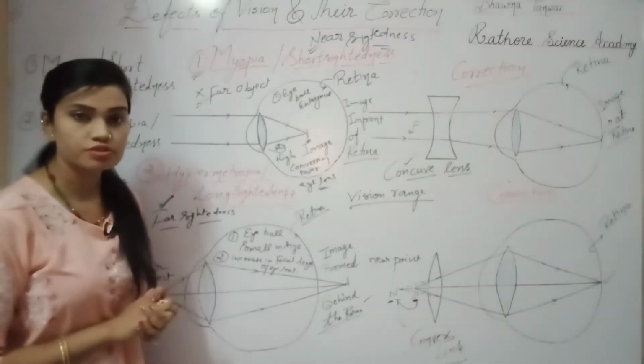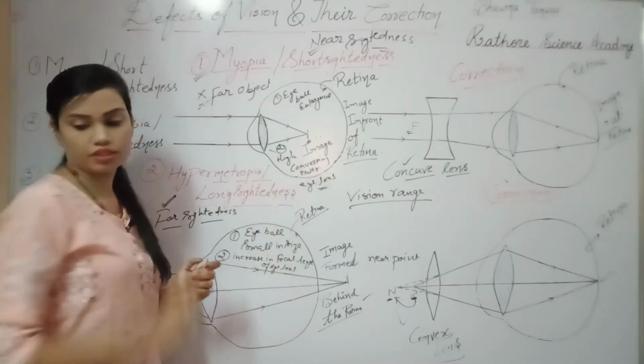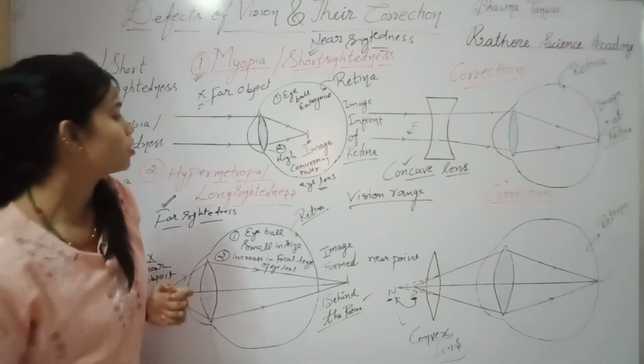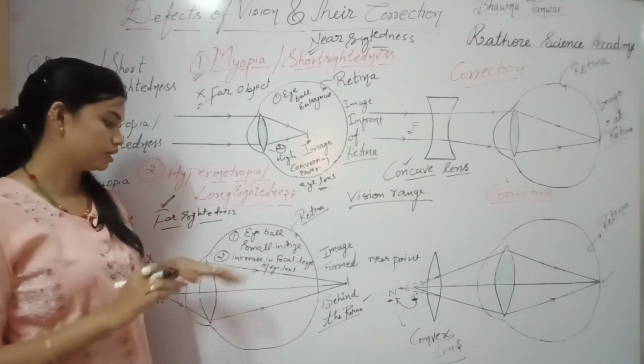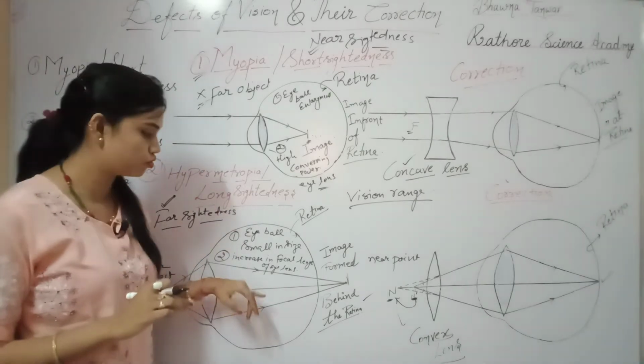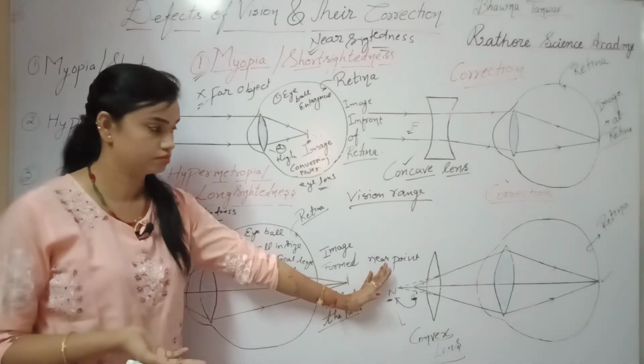Third point of difference: in myopia, the image will form in front of the retina. But in case of hypermetropia, the image will form just behind the retina.